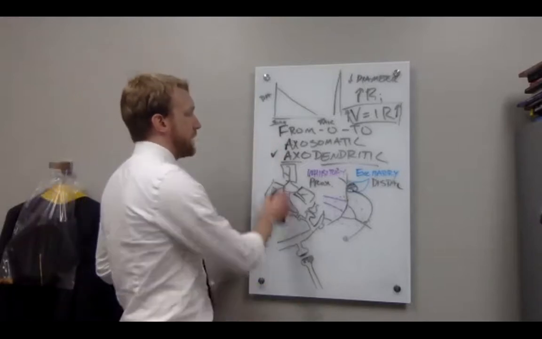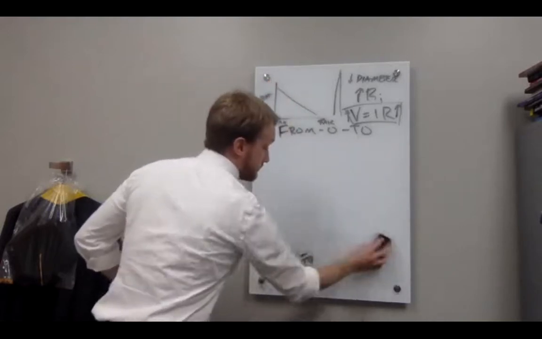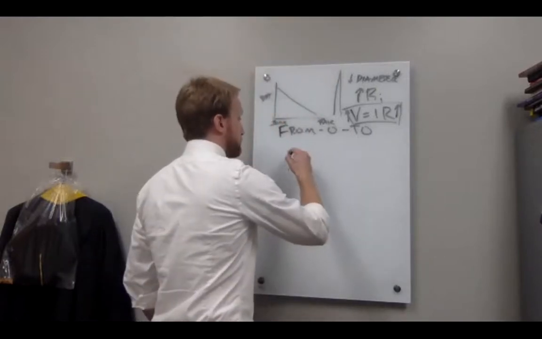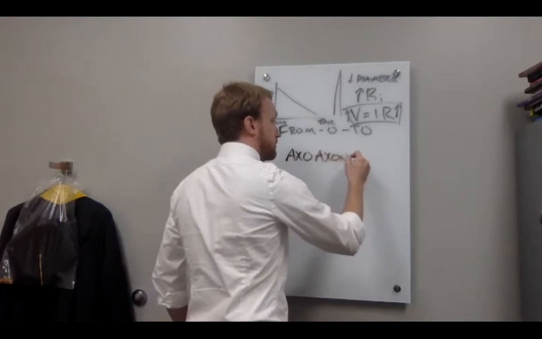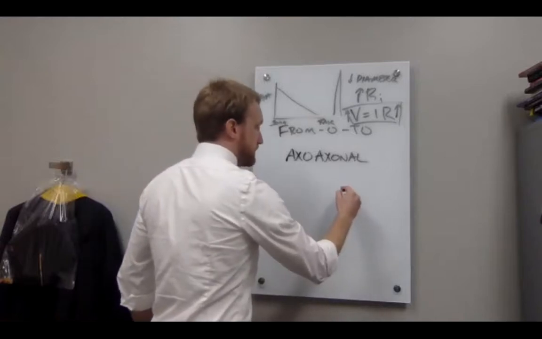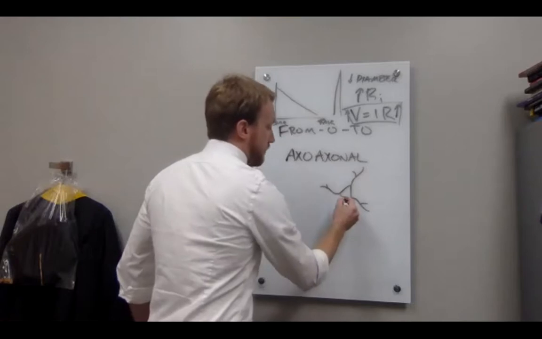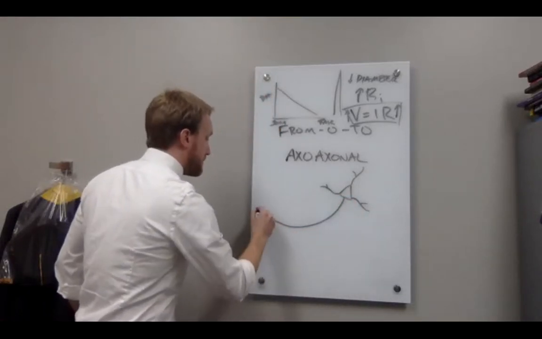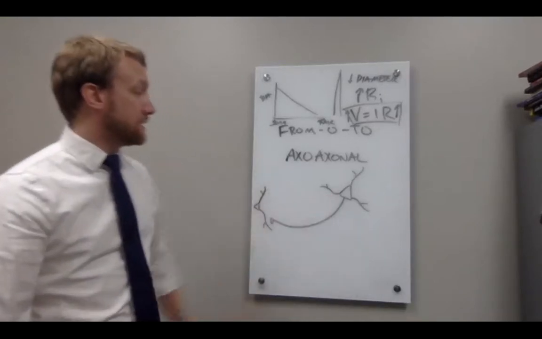There are, of course, synapses that form on axons. Those would, of course, be called axoaxonic synapses. So in this case, we're forming a synapse on the axon itself.